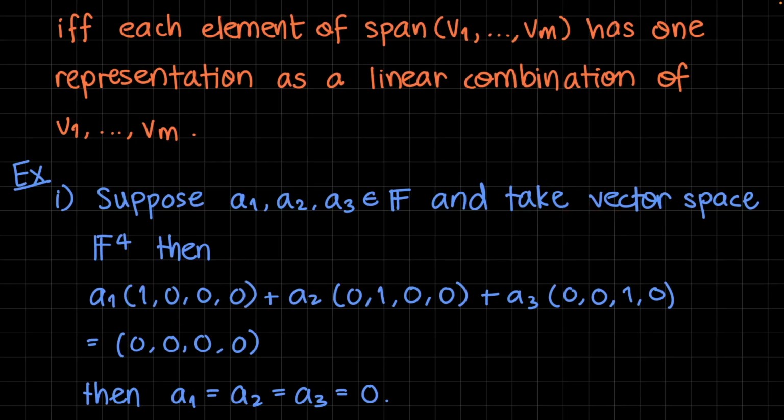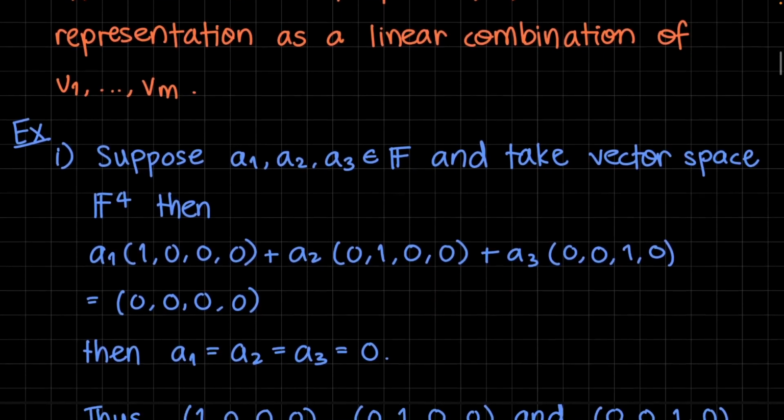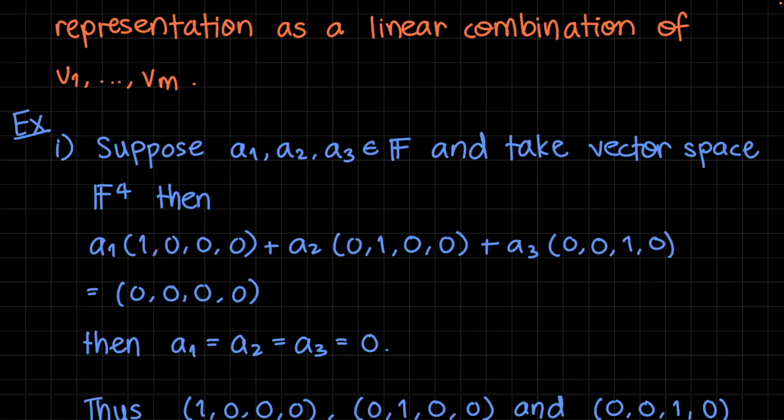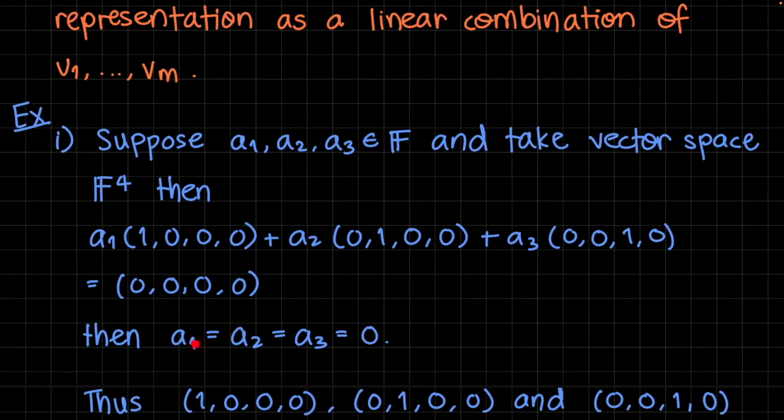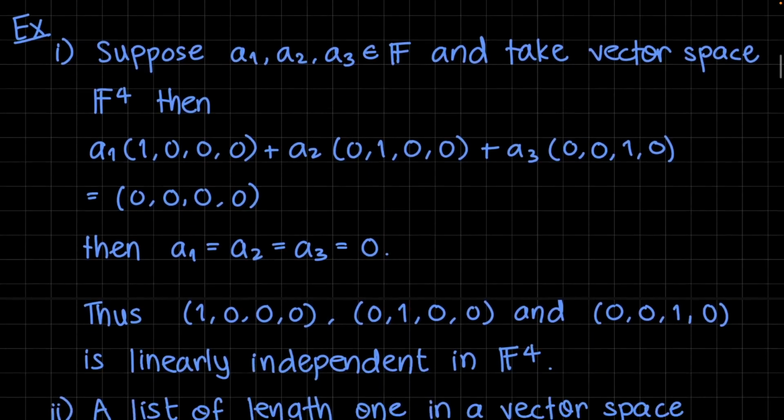Then if we take the vectors 1 0 0 0, 0 1 0 0 and 0 0 1 0, and you try to write the 0 vector of F4 as a linear combination of these three using some scalars a1, a2, a3, then the only way to do this, and you can do this by evaluating each component of these vectors, is if a1 equals a2 equals a3 equals 0. So that means this list of three vectors is linearly independent in F4.